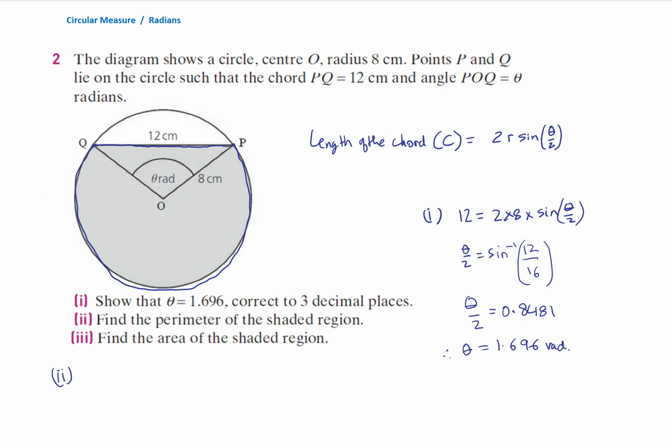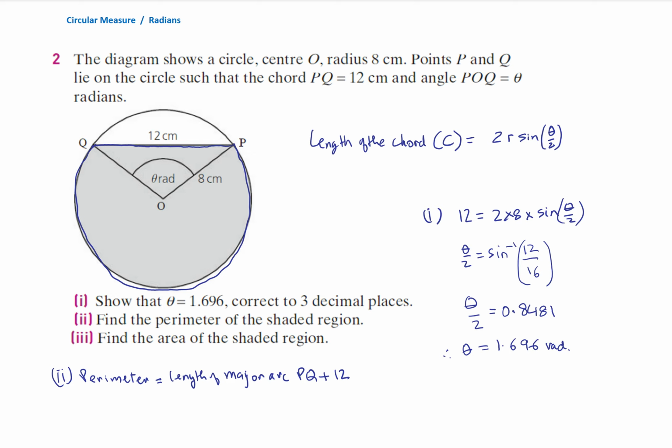So I'm going to write perimeter equals length of the major arc PQ, plus the length of the chord, that is 12.